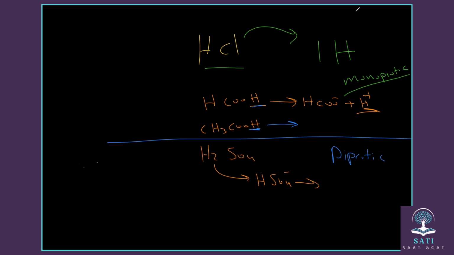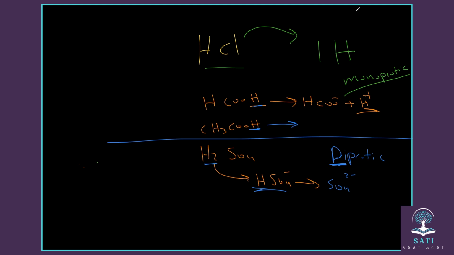This is the first step, when it donates one hydrogen. Also, it can donate one more hydrogen. Here it has two hydrogens. If it donates now the second hydrogen, it will become SO4 2 negative. That means H2SO4 we call diprotic, because it can donate 2 hydrogens, so we call it di.